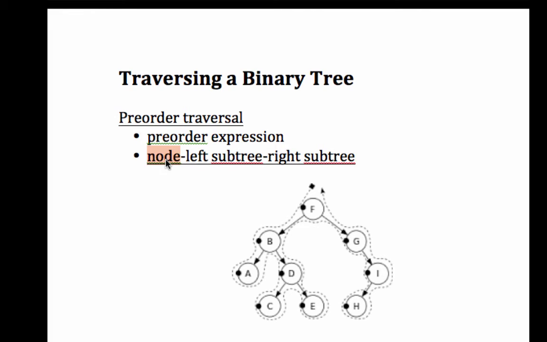But every time that we go to a node, after we do whatever we're doing, in this case let's say print the node, then we need to go to the left subtree of that node and visit all the nodes there, and then we come back to the node and go to the right subtree and visit all the nodes of the right subtree, and then we go back to the node, and we apply this rule recursively.